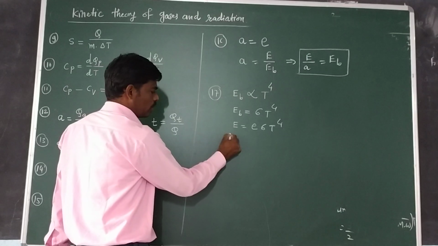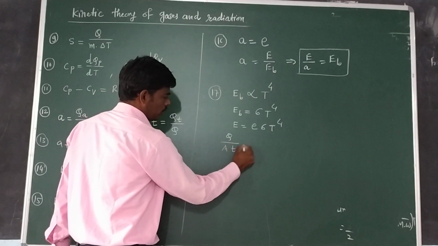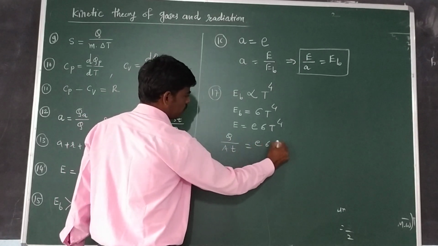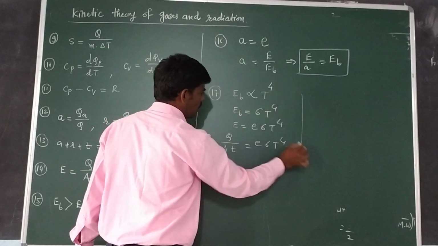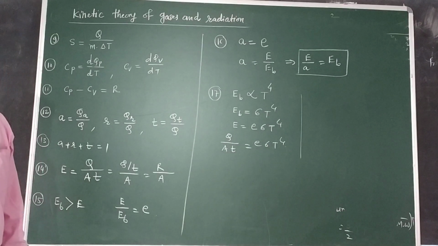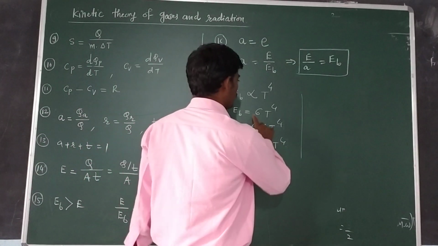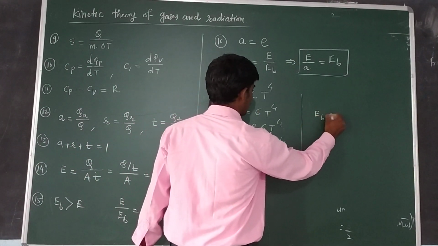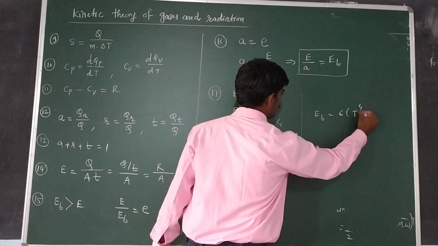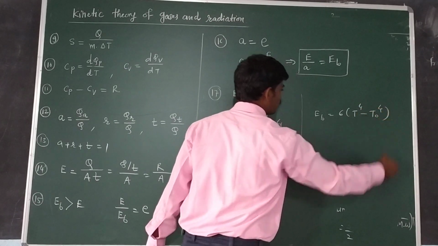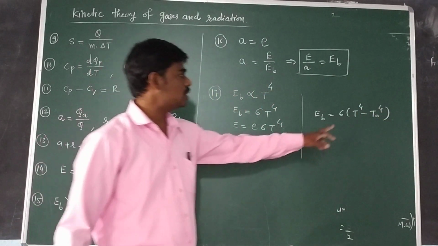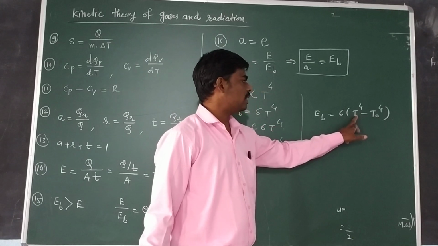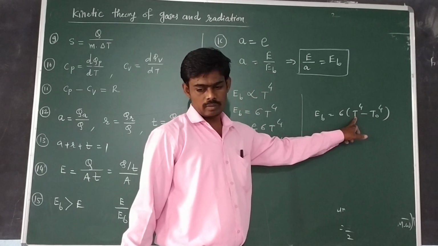And E is emissive power, which is nothing but Q upon A T. So all these results are very important. If surrounding temperature is given to you, the same formula we can write as sigma into T raised to power 4 minus T0 raised to power 4, where T0 is temperature of surrounding and T is temperature of black body.